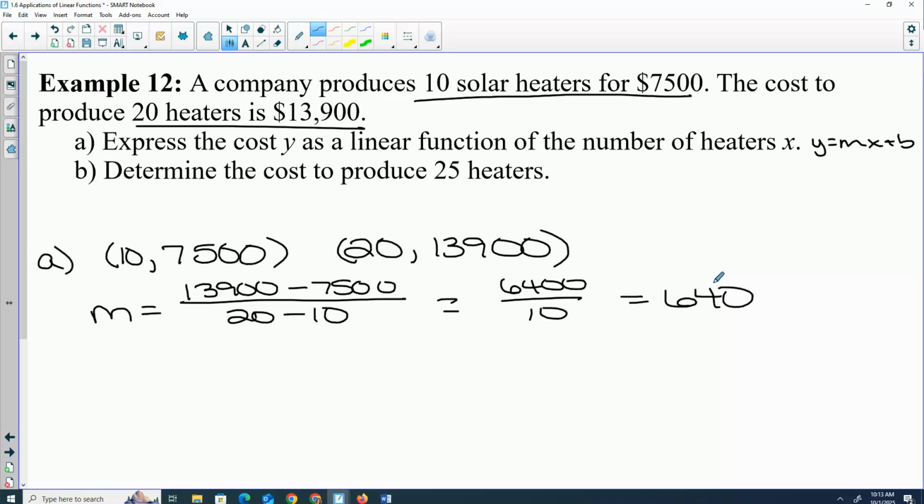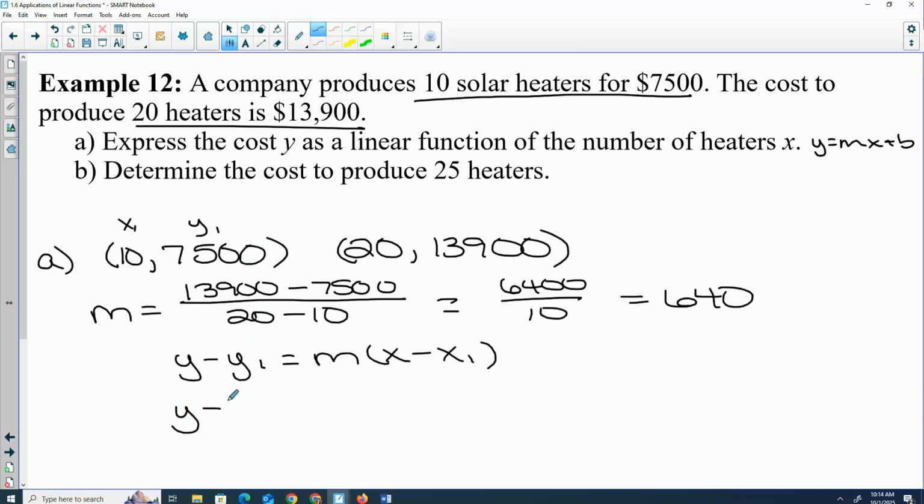And then what do you do once you have your slope? Yeah. Most of you last week were using the point-slope form. Remember, this is like our x1, y1.